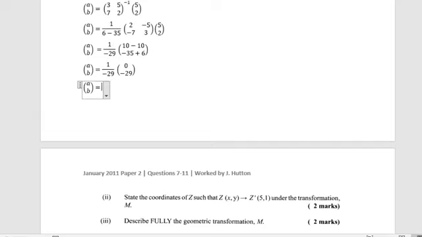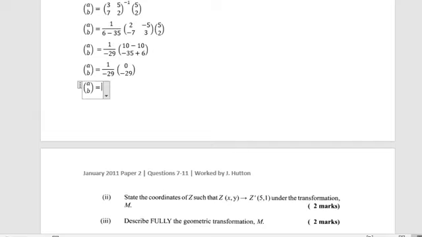So therefore, from this, we can now infer what the values of A and B are. So A is equal to 0 and B is equal to 1. And this is the similar process that we will take to do C and D.